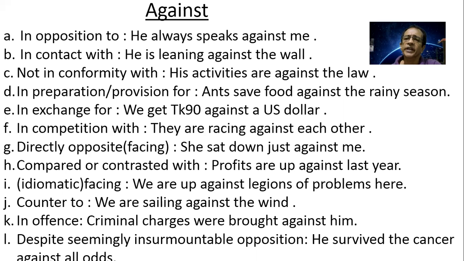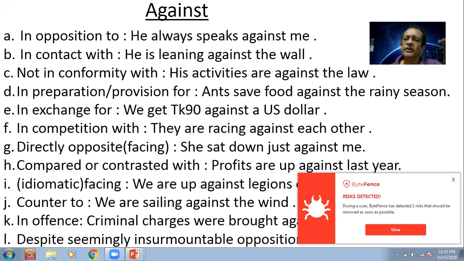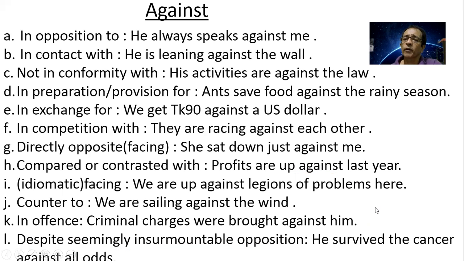If we are not ready to confront these daunting challenges, we will be disqualified from life. So we should always get ready to face the daunting challenges in our life. Then counter to. Against is used as counter to. We are sailing against the wind.